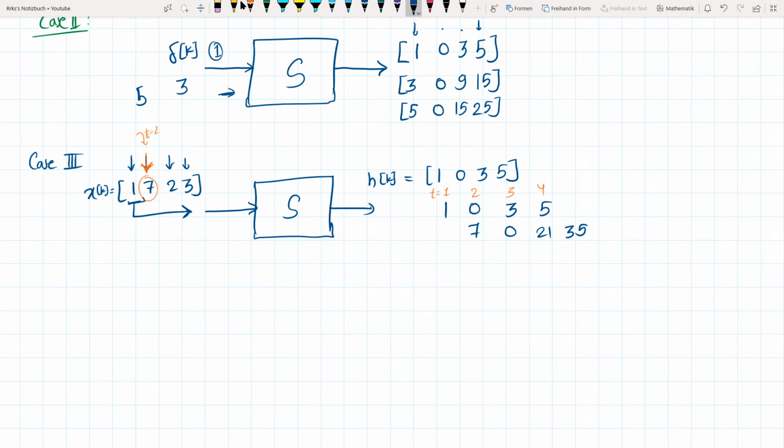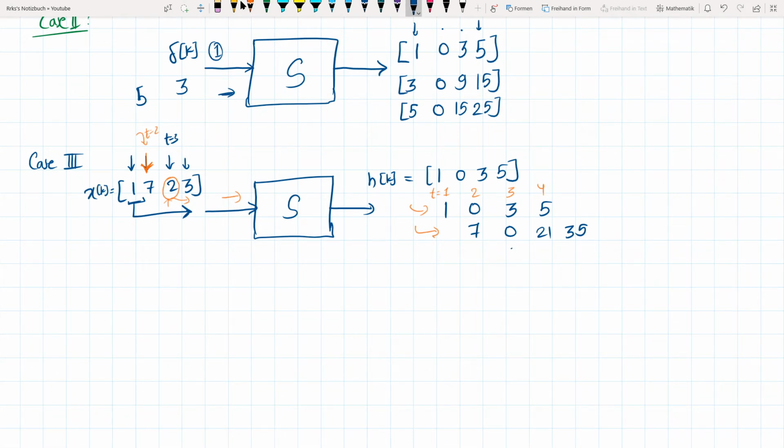Now let's go one step further. At time t equals to 3, let me choose the same color. At time t equals to 3, your system is not yet finished. Even your first input signal is not finished, even your second input signal is not finished, but you are feeding your system the next input signal. You're feeding now 2 to the system. You keep the 2 as an input, your system will say, that's easy, I'll just multiply everything with 2.